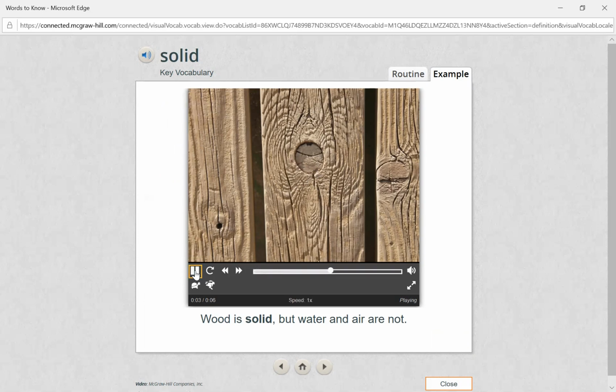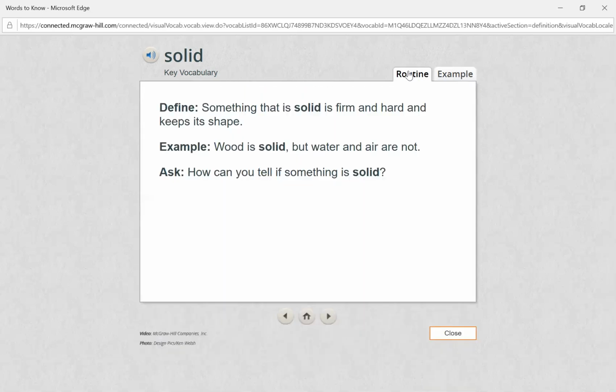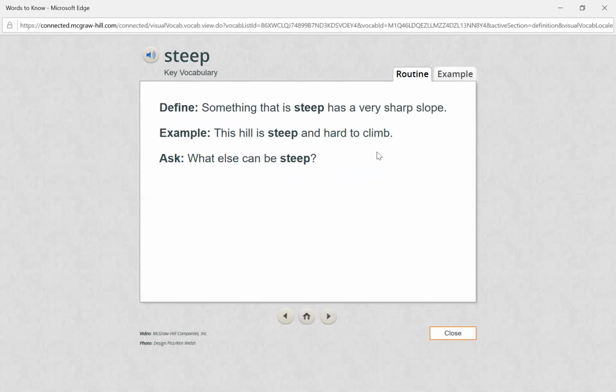Something that is solid is firm and hard and keeps its shape. So remember, a solid object does not easily change. Like the definition said, it's firm, it's hard, and it oftentimes keeps its shape. All right, let's move on to the next word.